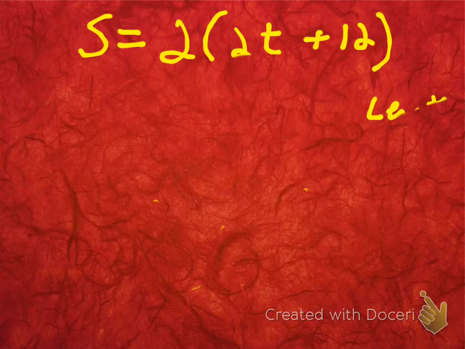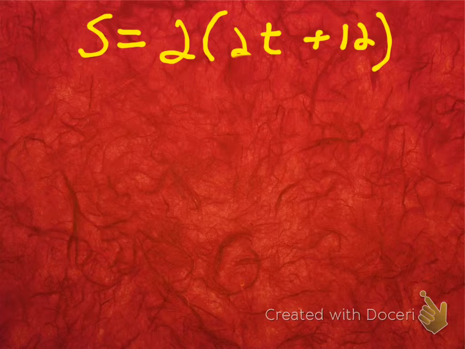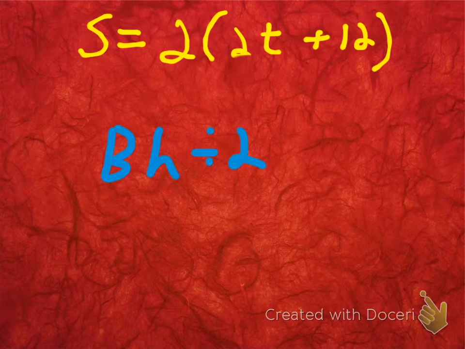Alright. The next one says, what is S, the area of a triangle with a height of T and a base of 12. Well, that would be base times height divided by 2, where our base is 12, our height is t, and then divided by 2.